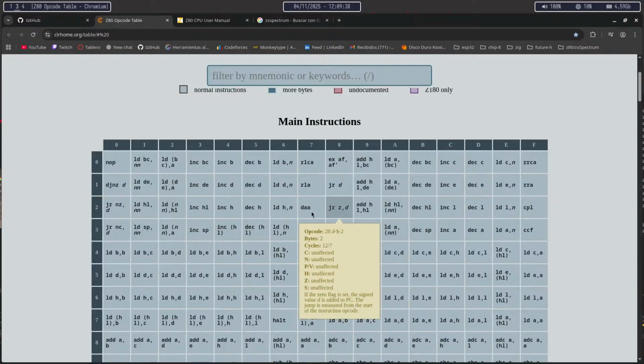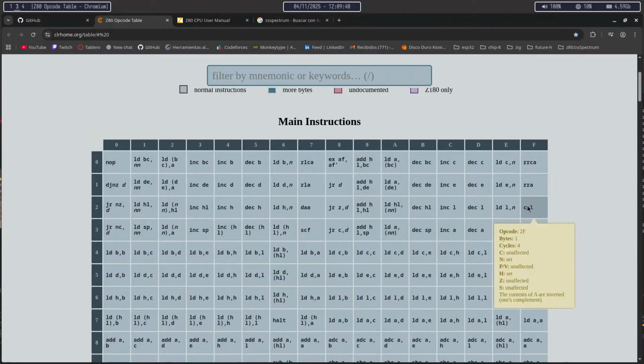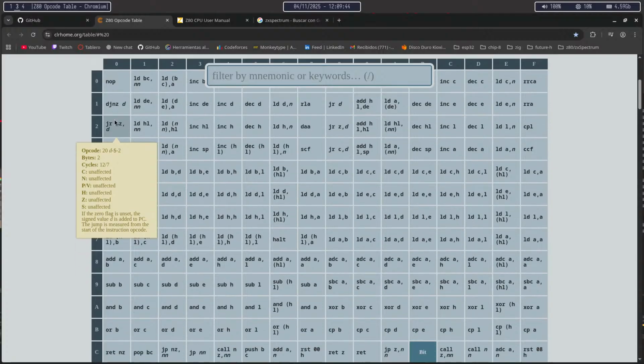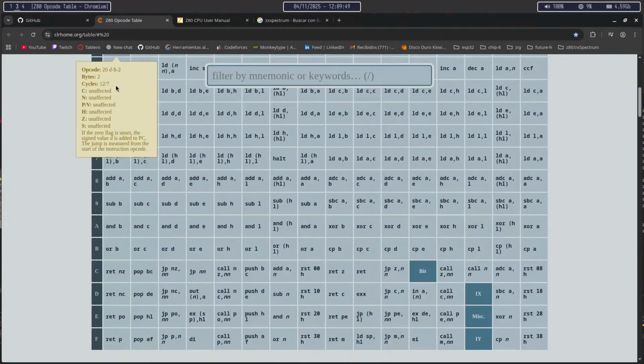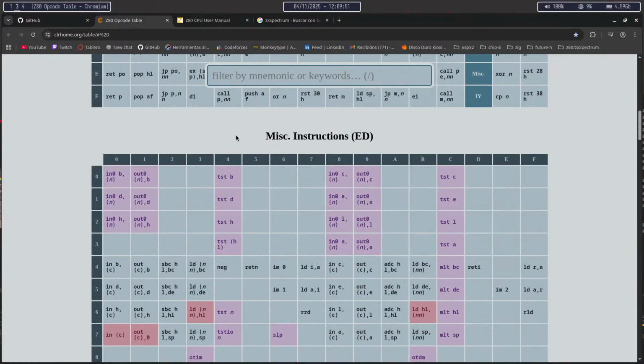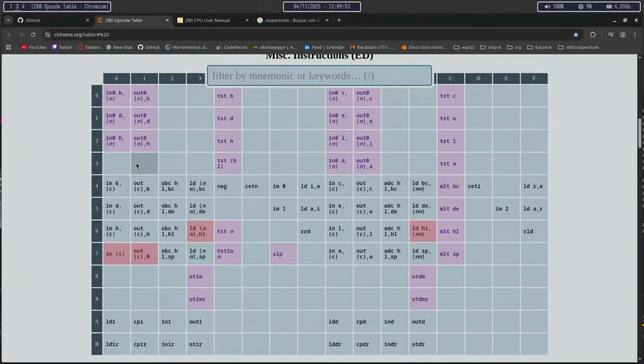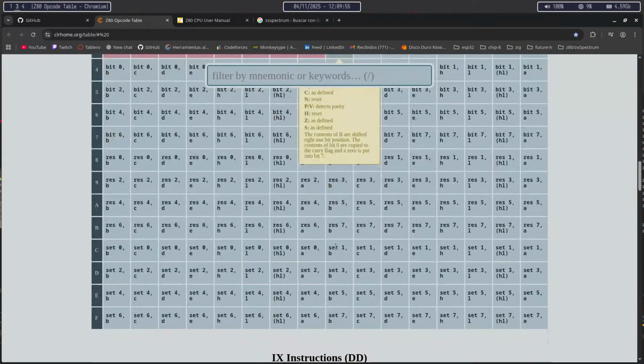Right, how far am I? So I'm right here. I still have a bunch of instructions to go, which is not nice. Wow, I still have a lot of instructions to finish the more basic ones.